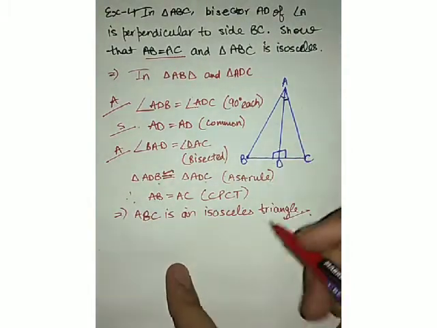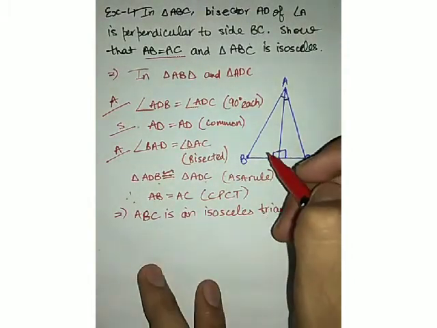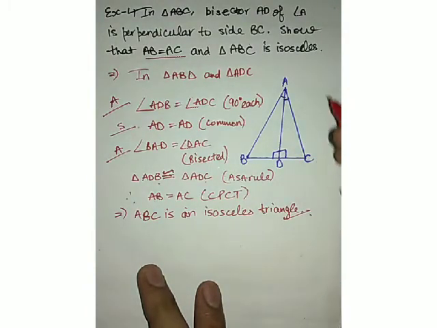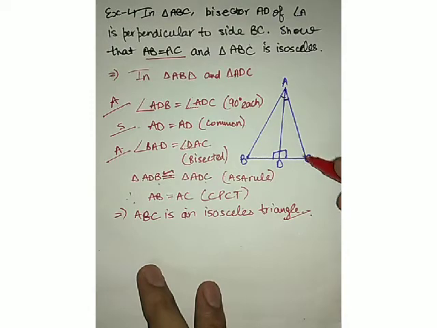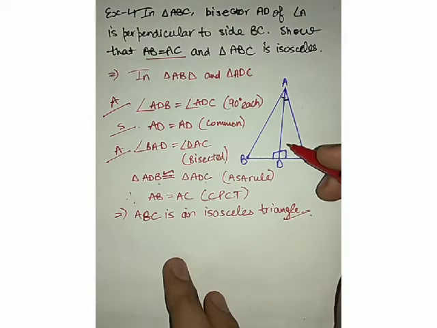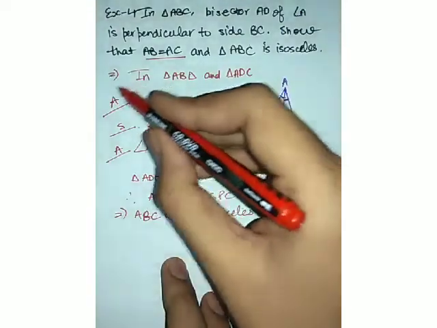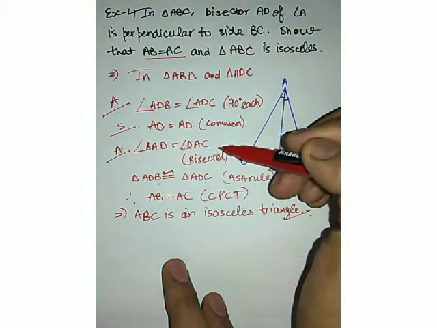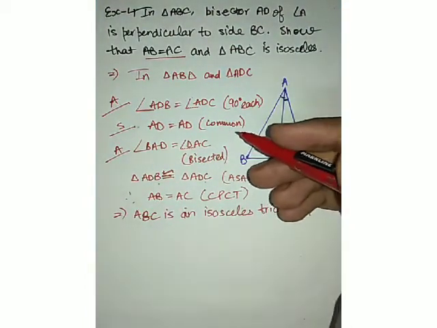So in this way you can prove any statement, and I think it's very easy. We just have to see which sides are equal to each other and two triangles will be automatically congruent. You just have to keep in mind these congruency criteria. Okay, let's move to the next one.